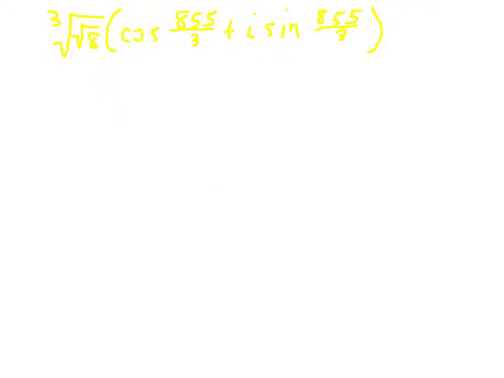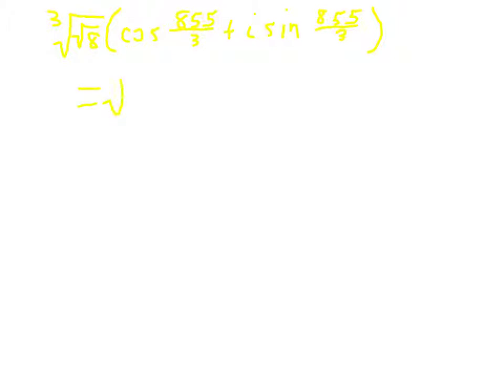The third root of our solution then comes when we substitute in 2 for k. Simplifying the expression, I end up with the cube root of the square root of 8 times the cosine of 855 over 3. 855 over 3 then simplifies to 285 degrees.